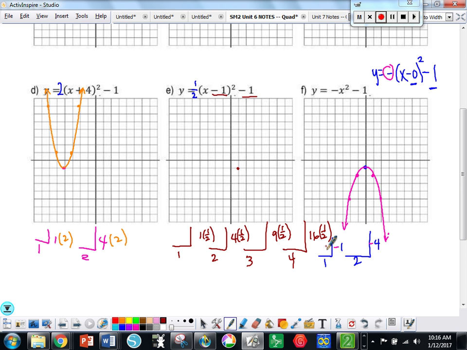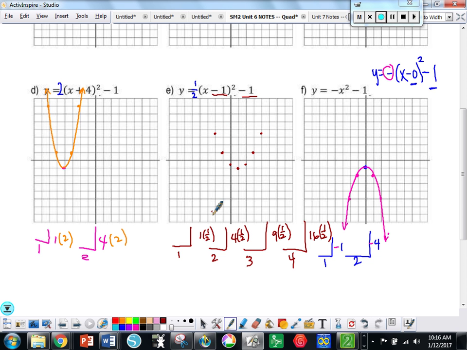So for this one, I'm going to go over 1 up 1/2. I'm going to go over 2 up how many? 2. I'm going to go over 3 up 4.5. Good.